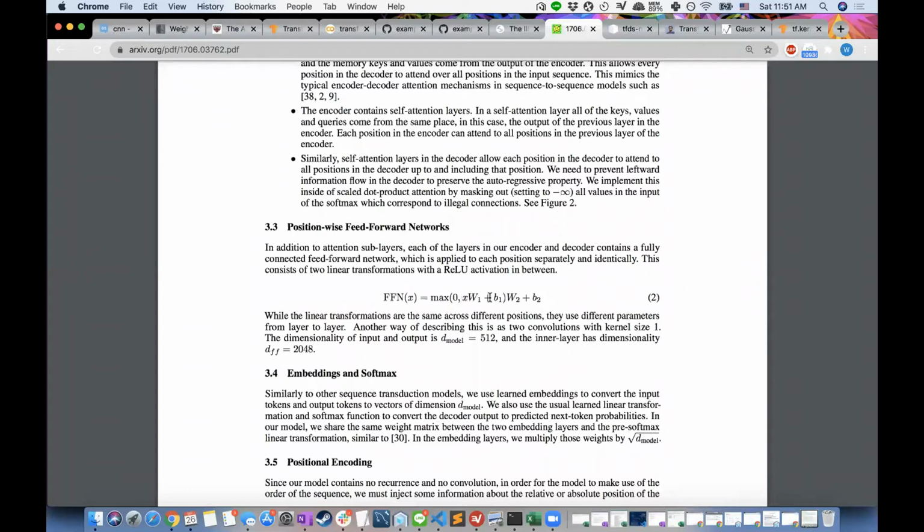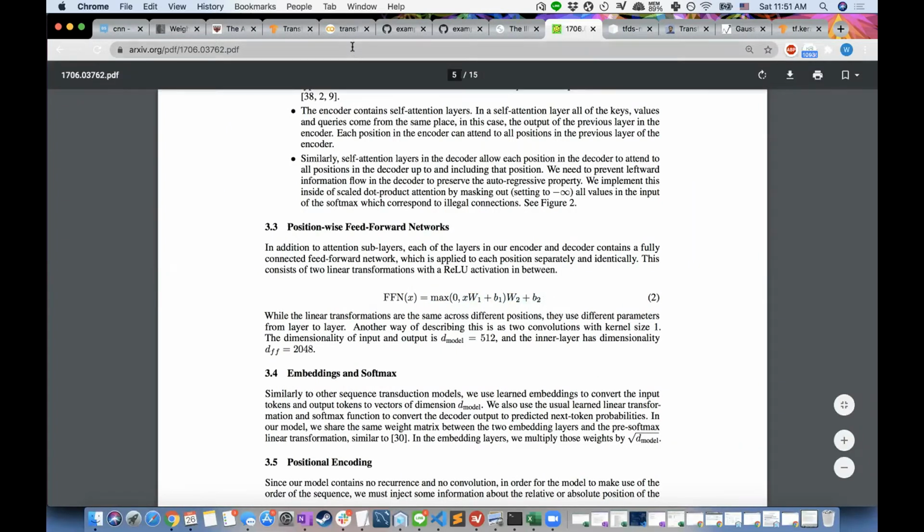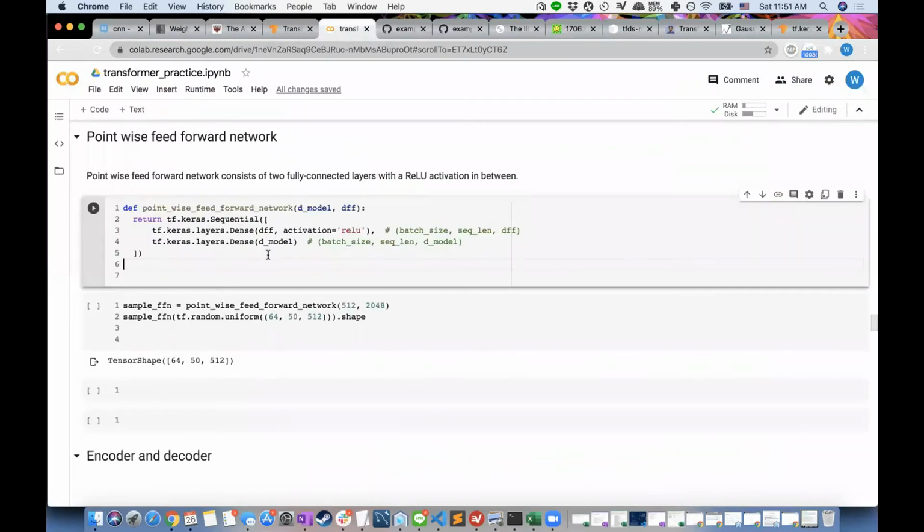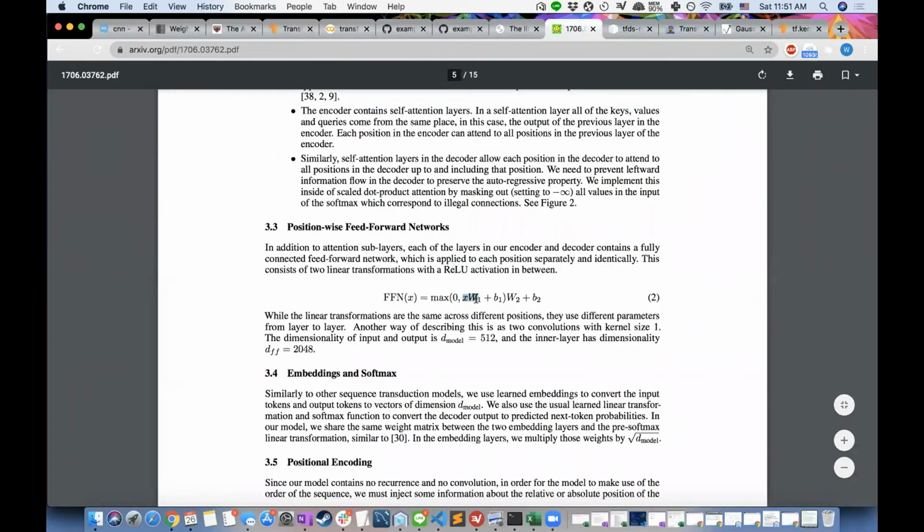Again, it's one linear matrix multiplication plus bias, then you pass into a ReLU activation function, then you have another layer, right? And the way it's implemented is exactly that. You pass into a dense layer, which allows you to do x times W1 plus b1, and that's what the dense layer is.